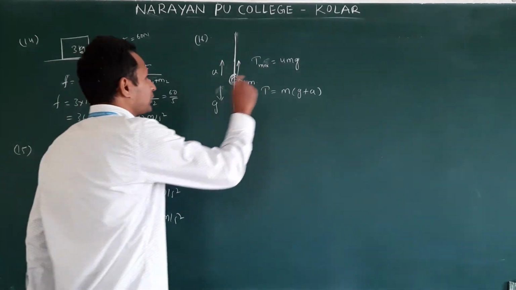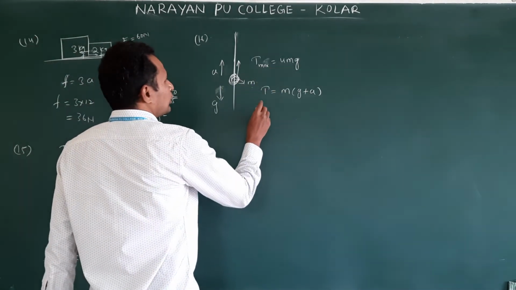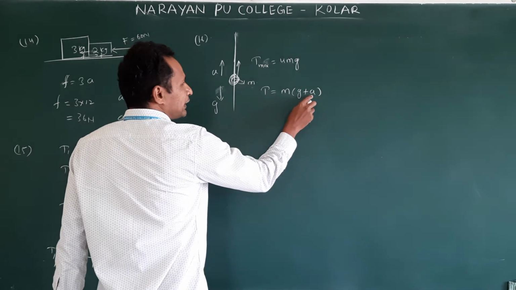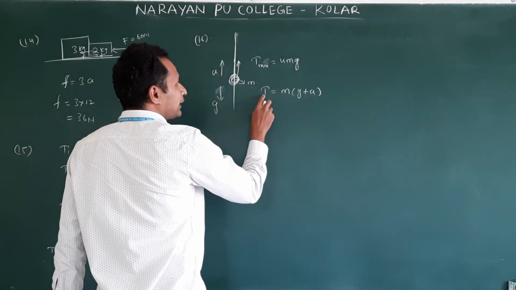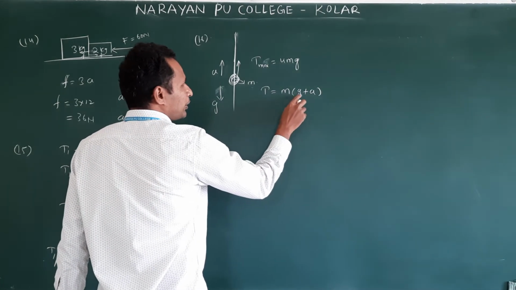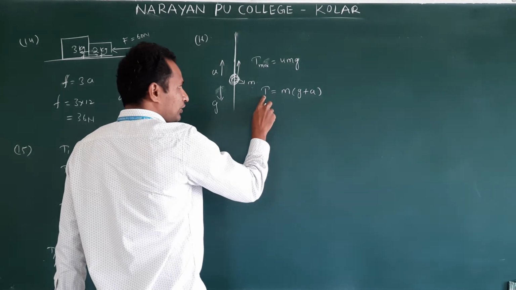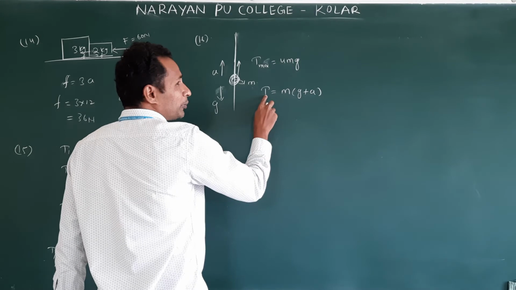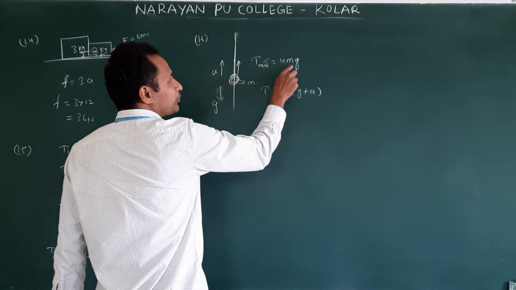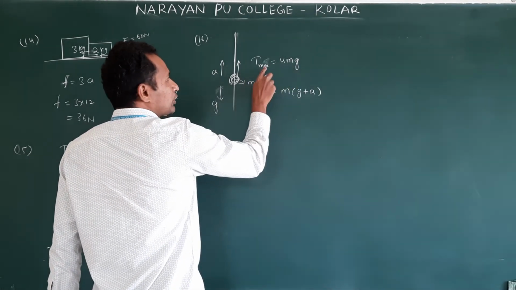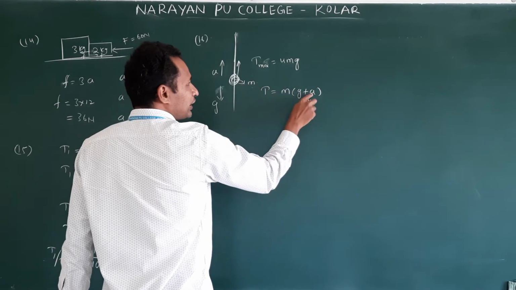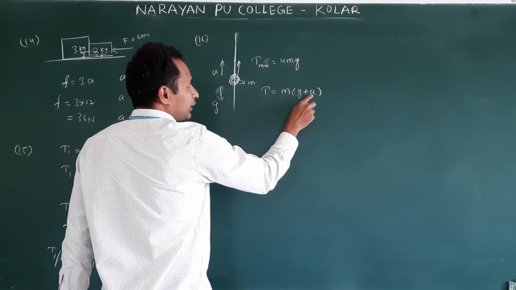So now equate, then we will get the maximum. When it is accelerating with A, there will be a tension. That formula is T is equal to m into g plus A. Right? As A varies, the tension changes. What would be the maximum tension it can hold? 4 mg. Am I correct or not? So this tension depends on A. Clear?